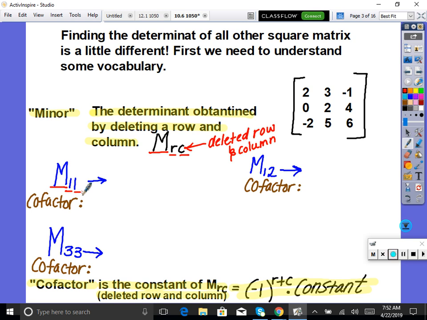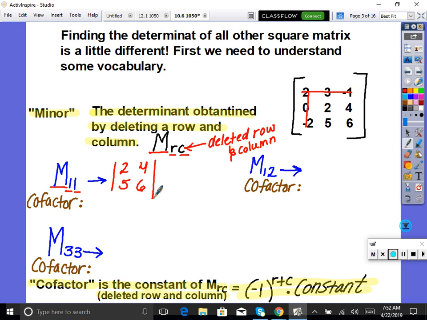Everybody look at my matrix over here. Picture me crossing out row 1, which would be this, and crossing out column 1. What numbers are left? 2, 4, 5, 6. Do you see how now we have a 2 by 2 matrix?